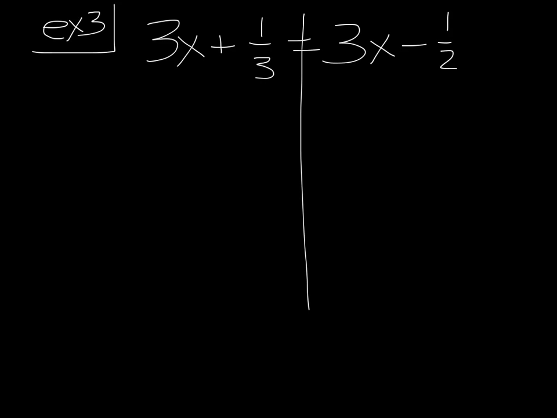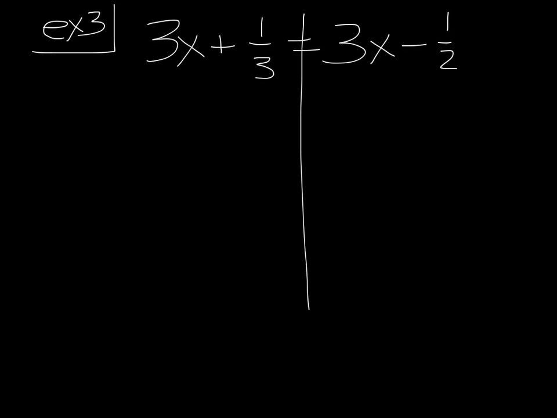Now this is a problem where, if you look in the book, it says that this is an example that says no solution. So it doesn't have an answer. There's no value for x that we can plug in there that would give us both sides of the equation equal. It'll show you in the book how you do that, but basically we solve this the same way.